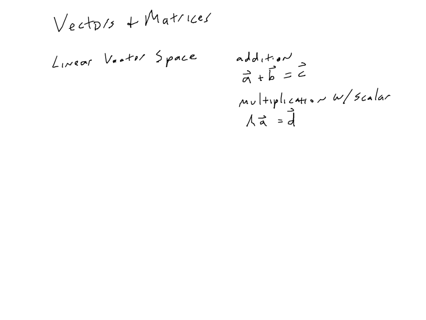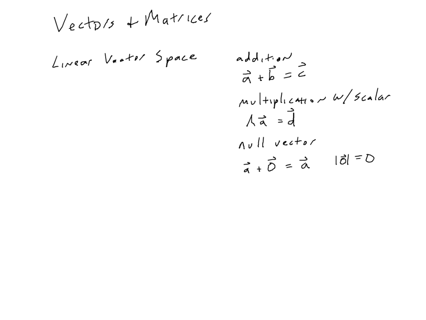Another thing is that you have a null vector that exists, with the property that if you add the null vector to a vector, you get back the original vector, where the magnitude of the null vector is equal to 0. When we get into higher dimensional vectors, like 4-dimensional space-time, a null vector is not just made up of zeros, but it has a magnitude of 0.